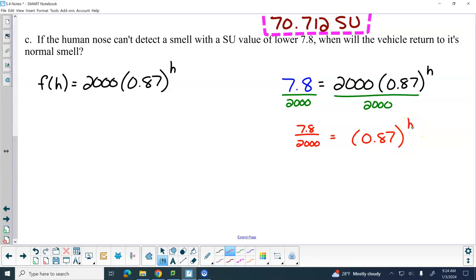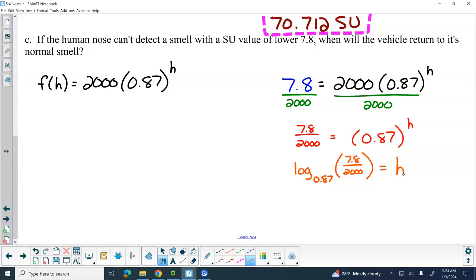Then what? Which form was it? Then we've got to use the change of base formula, right?